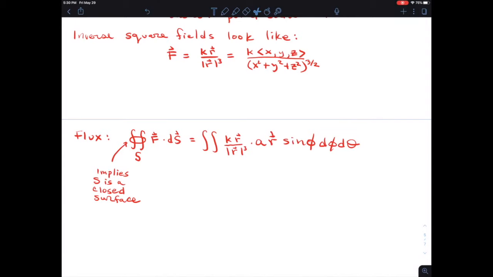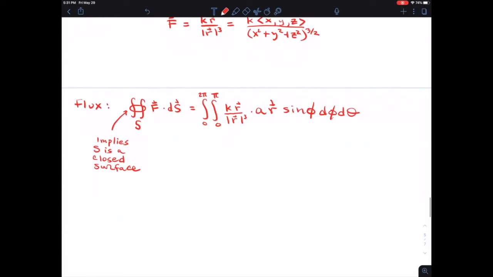So you see phi and theta varying. Now, phi, of course, will have to go from 0 to pi, and for theta, you need to go from 0 to 2 pi as you move around the sphere. That's just the standard range for phi and theta as you move along a sphere in spherical coordinates.